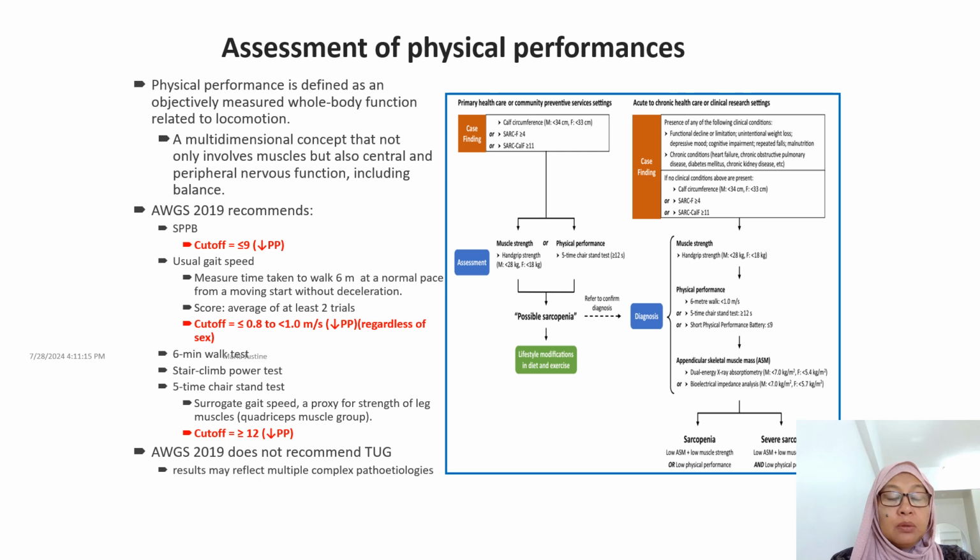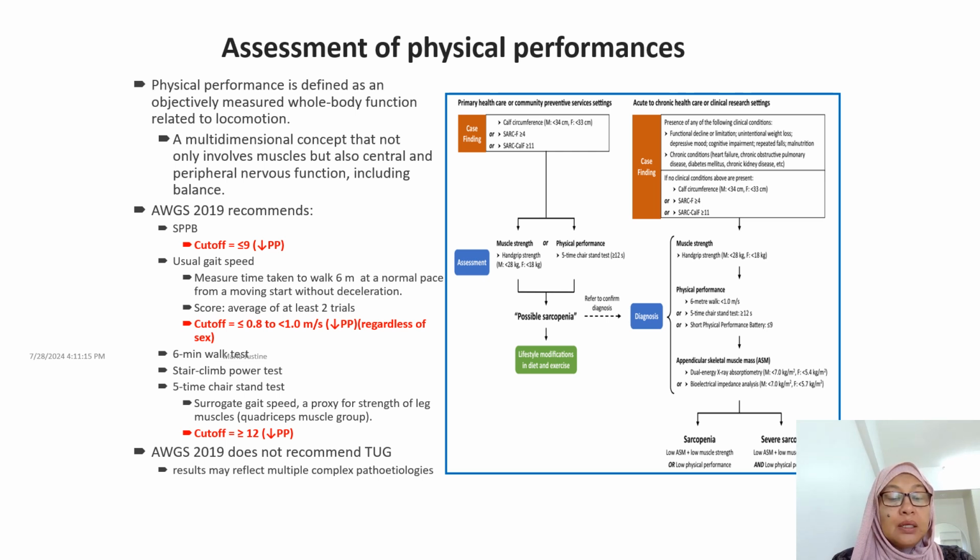Or the tool that we commonly use, which is faster and easier, is the usual gait speed. The usual gait speed measures the time taken to walk 6 meters at a normal pace from a moving start.